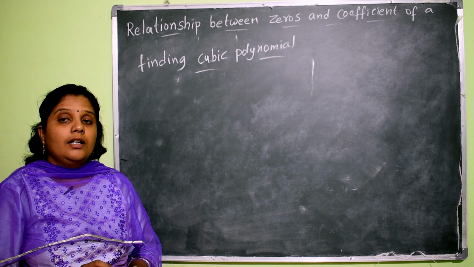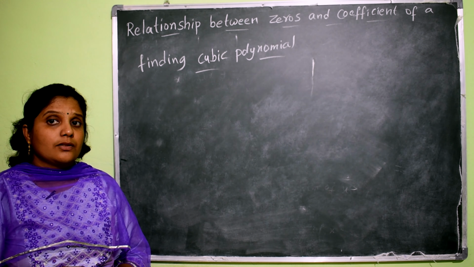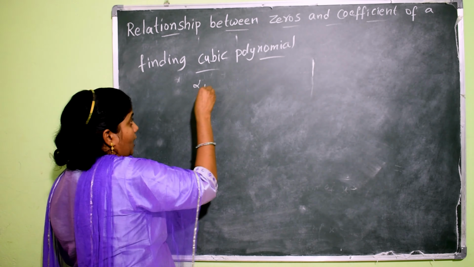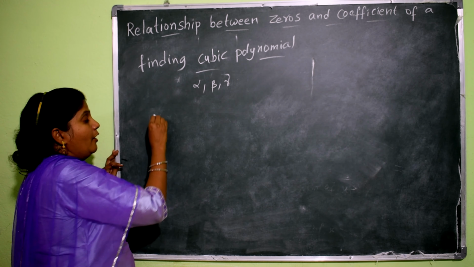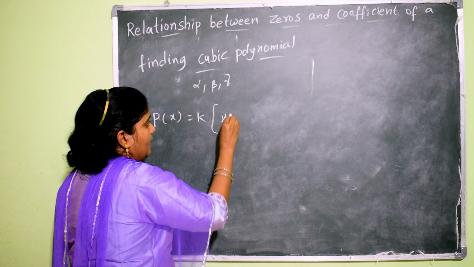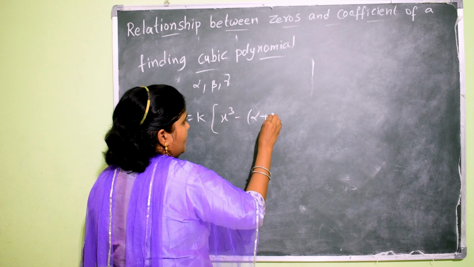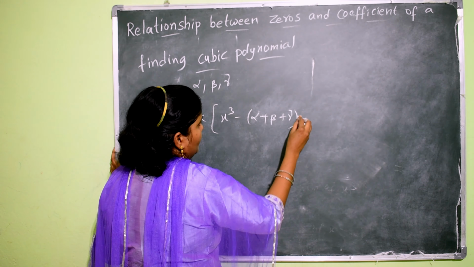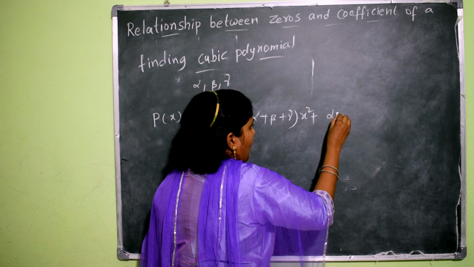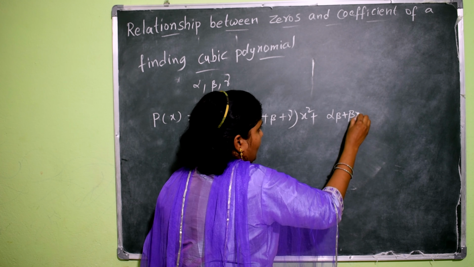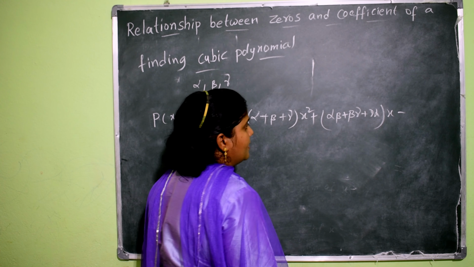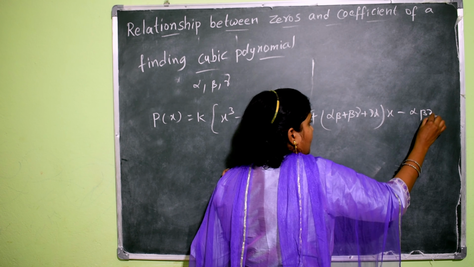Understood? So now we know about alpha, beta and gamma, so we can find the cubic polynomial. If alpha, beta, gamma are known, then p of x is equal to k into x cube minus alpha plus beta plus gamma into x square plus alpha beta plus beta gamma plus gamma alpha into x minus alpha beta gamma.